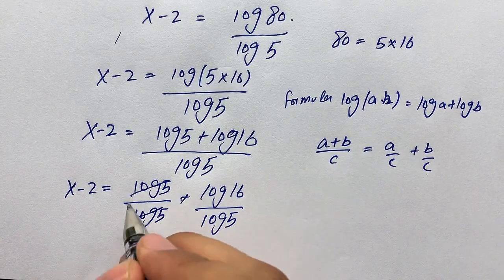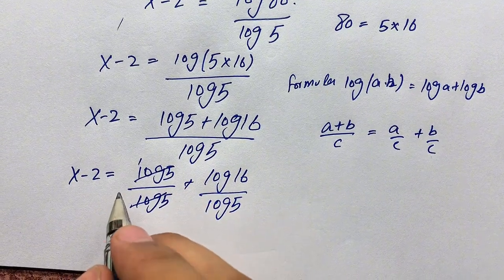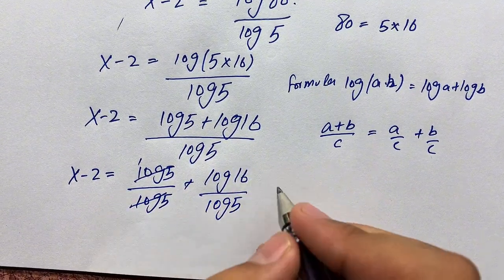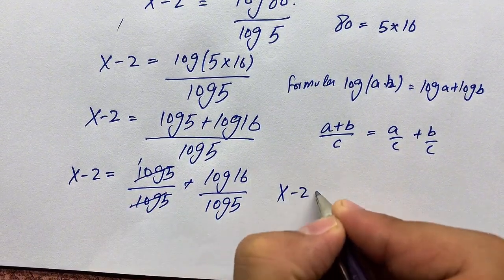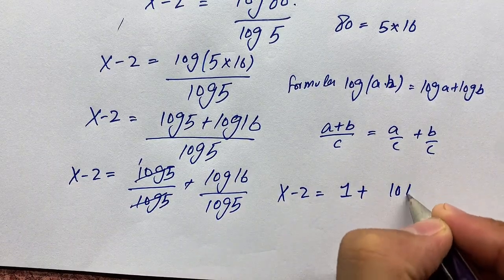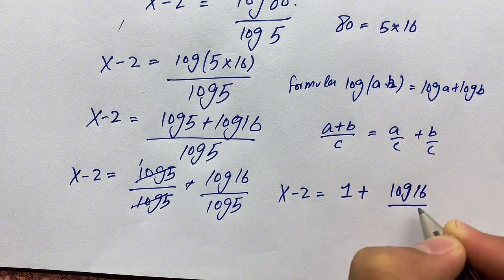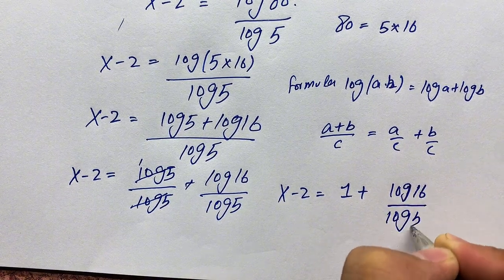This cancels with this, and 1 remains. And now x minus 2 is equal to 1 plus log of 16 divided by log of 5.